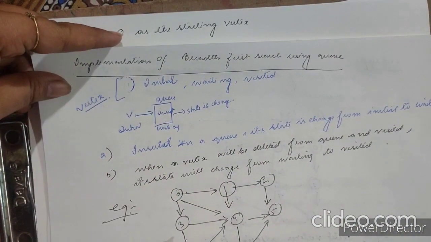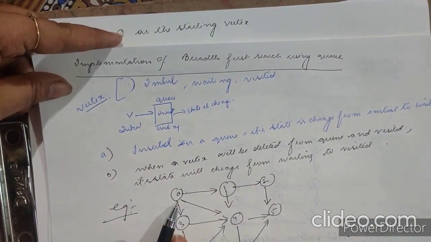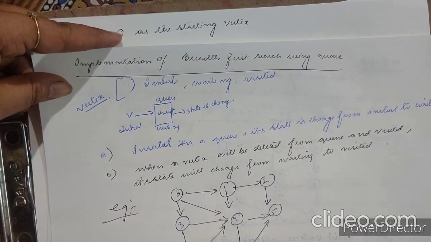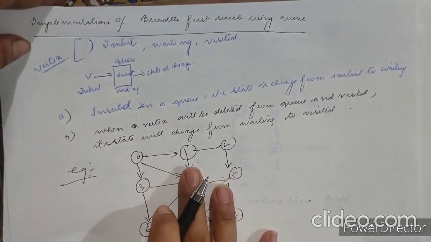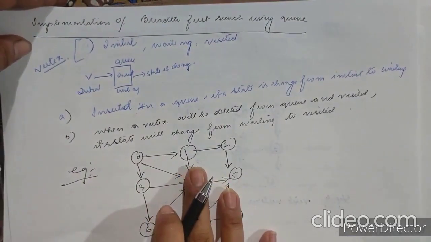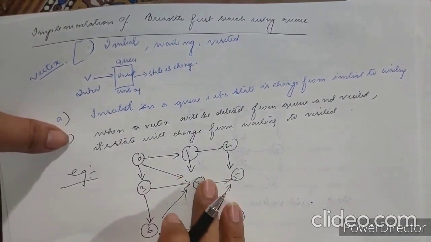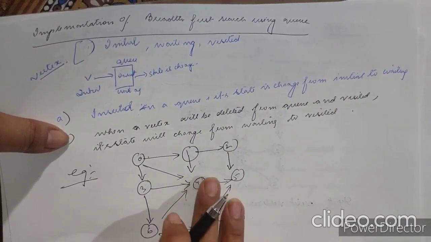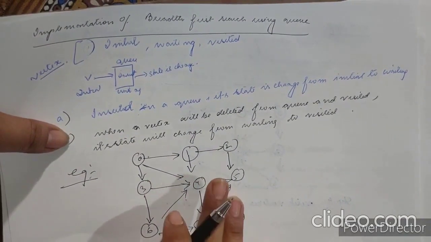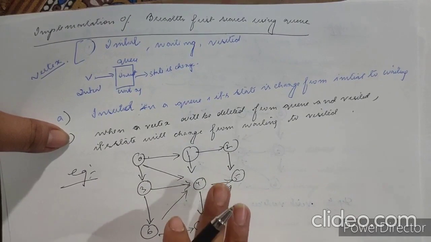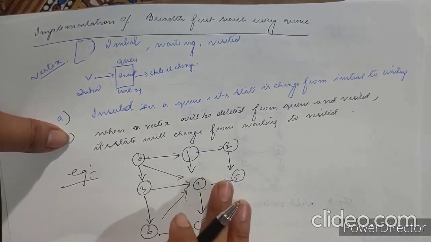Now, as 0 is the starting vertex for traversal, in each step we will show the different states of the vertices in this figure by different colors.